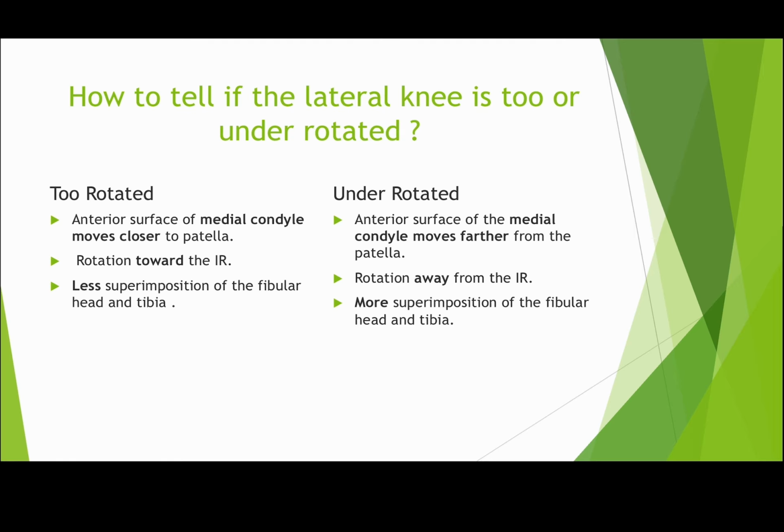Under rotated means it's rotated away from the IR. With the over rotated, it's less superimposition of the fibular head and tibia. This is my favorite way of remembering it. While under rotated is more superimposition of the fibular head and tibia.